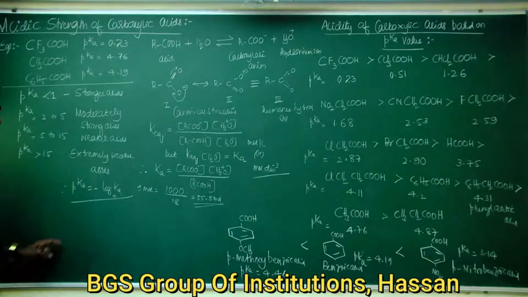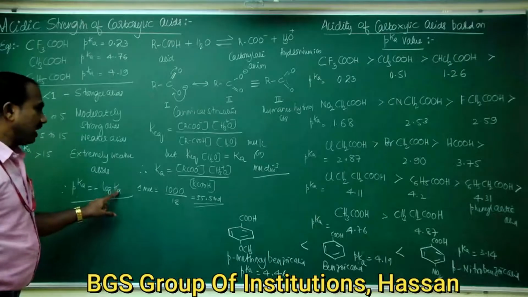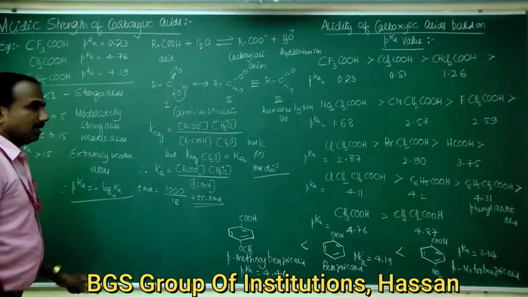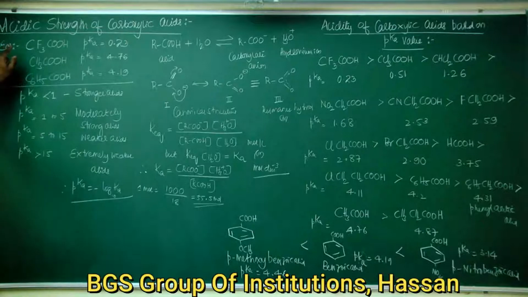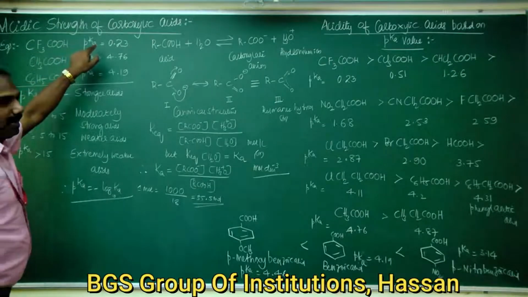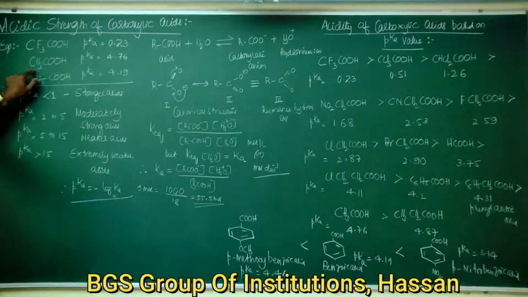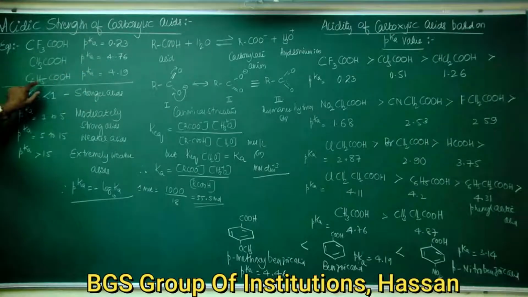Some examples of pKa: CF3COOH is trifluoroacetic acid, and the pKa value of trifluoroacetic acid is 0.23. The pKa of acetic acid is 4.76, and the pKa of benzoic acid is 4.19.